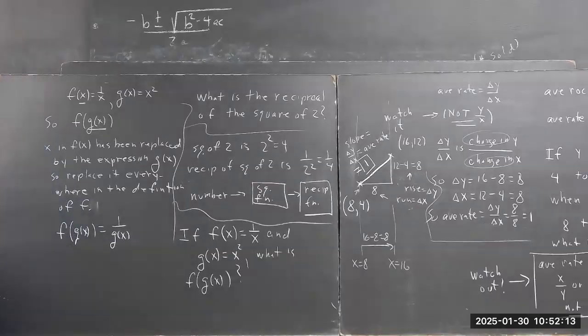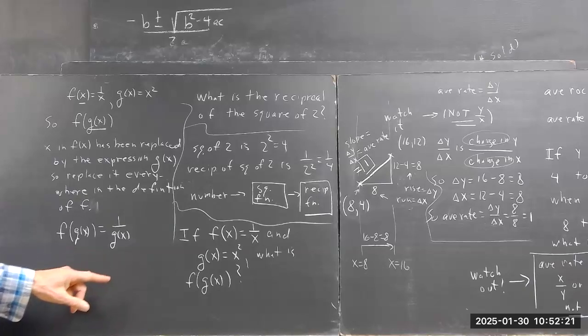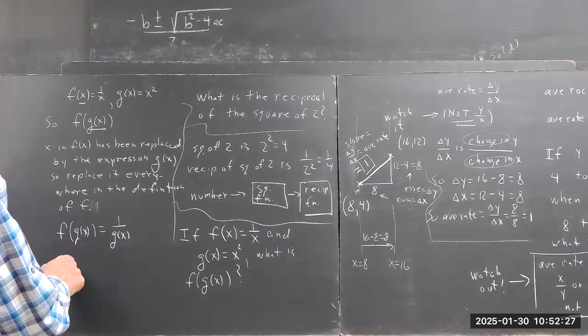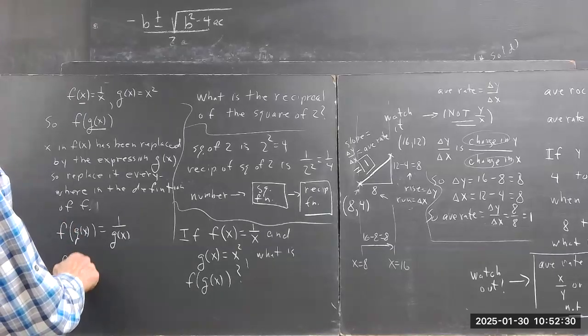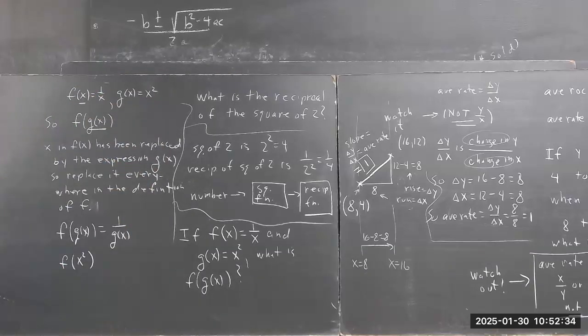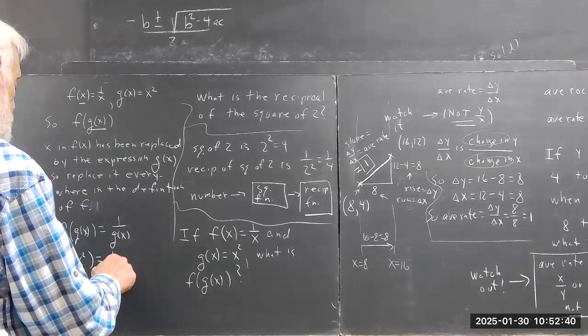Now, some people saw through the whole thing. They didn't want to do this step because they were clever enough to see where it's going. Because if you replace x with g of x, you want x squared on the right, because g of x is x squared, right? Then over here, you would write 1 over x squared.